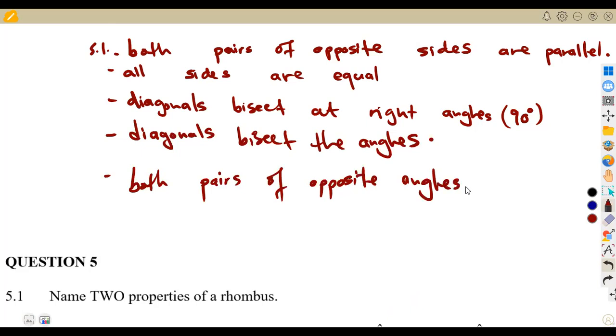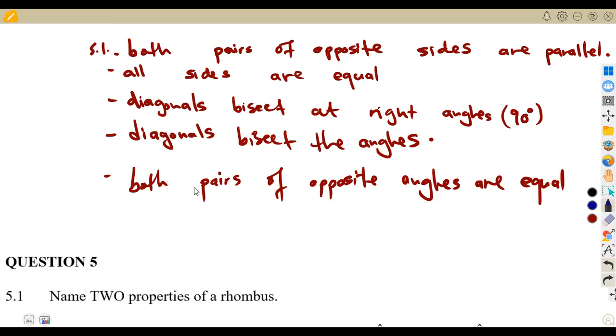We are talking about opposite angles being equal, which is the major property of a parallelogram, together with opposite sides being parallel. But for it now to differentiate on a rhombus, we shall have all sides being equal.